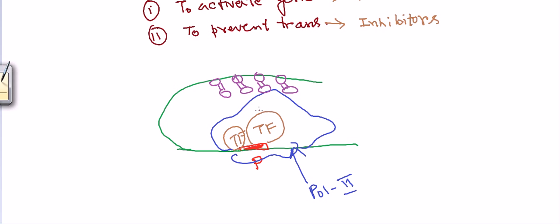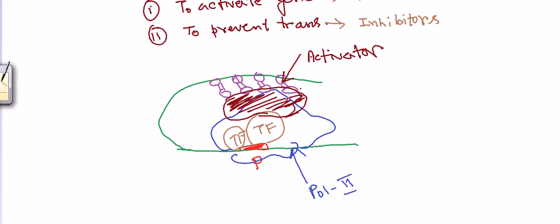Here comes the role of mediators. You can see the mediator is holding the activator and other TFs together. This middle part is the role of the mediator. As the term suggests, they mediate the process, right? So here comes the importance of mediators.